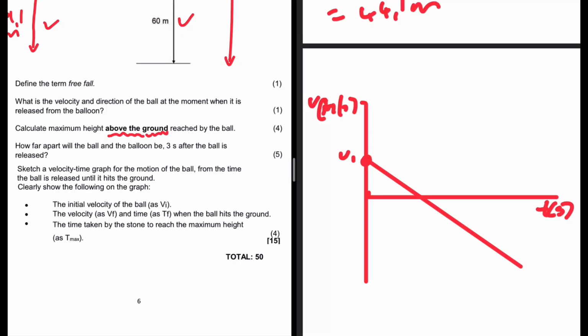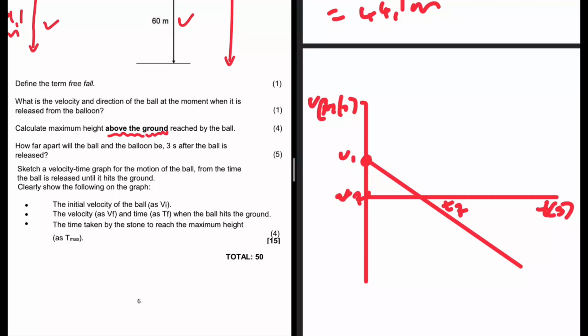So here we have Tf, and then this is Vf. Okay, and then what else are we supposed to indicate? The time taken by the stone to reach the maximum height, t max.